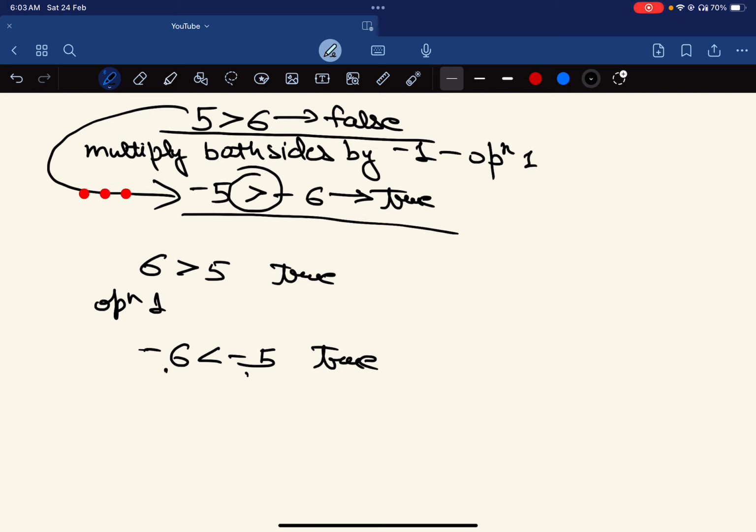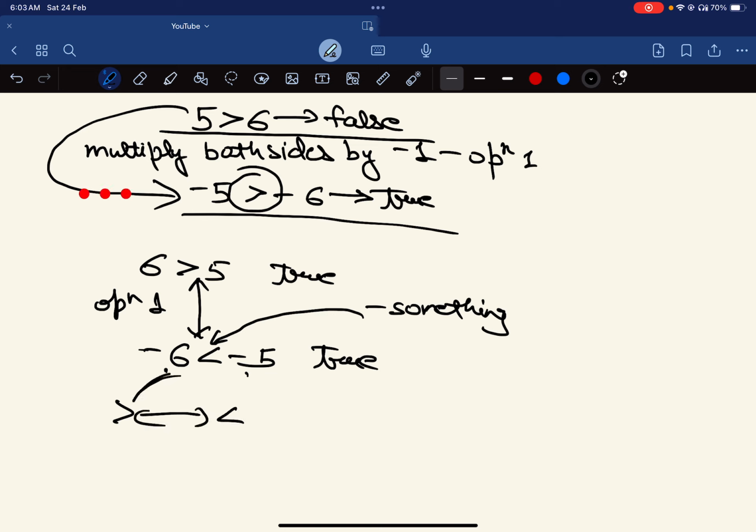So now you are seeing that when we are multiplying both sides by minus of something, our sign should change. Greater than should be changed to less than and vice versa. And greater than or equal to should be changed to less than or equal to.